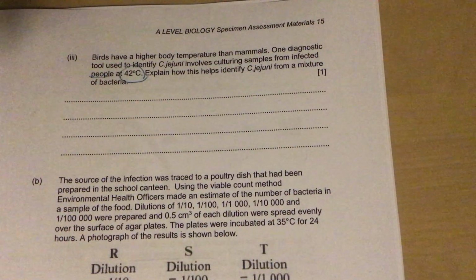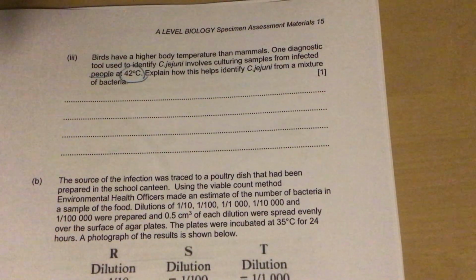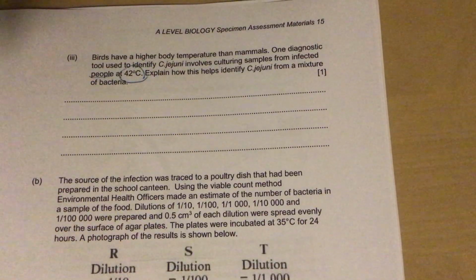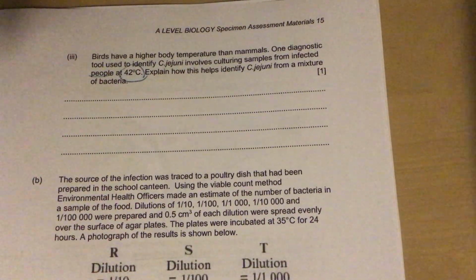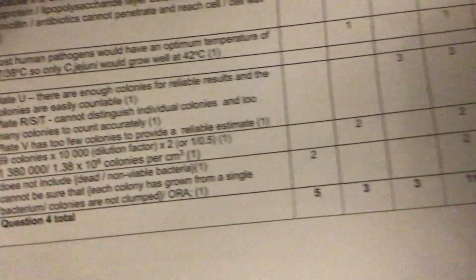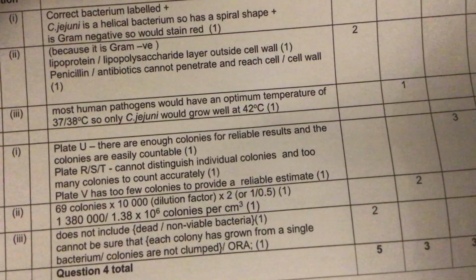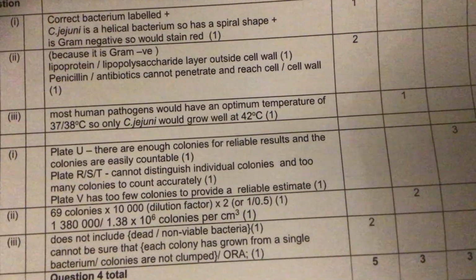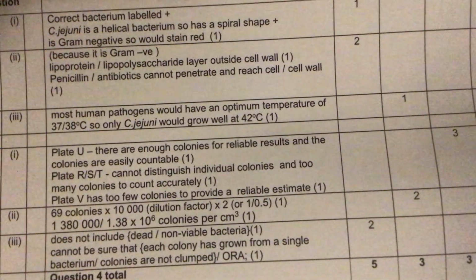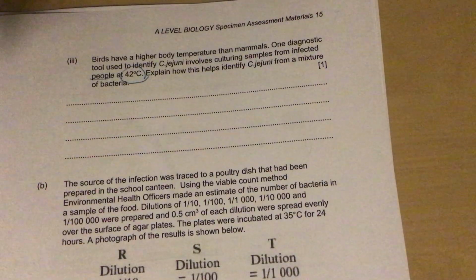But the enzymes inside the bacteria that live inside birds would have a different optimum, around 42. Therefore, those bacteria would grow really, really well at 42. Most human pathogens have an optimum temperature of about 37, 38, so only that one would grow well. The others wouldn't grow as well. Denatured is a bit strong in that context.